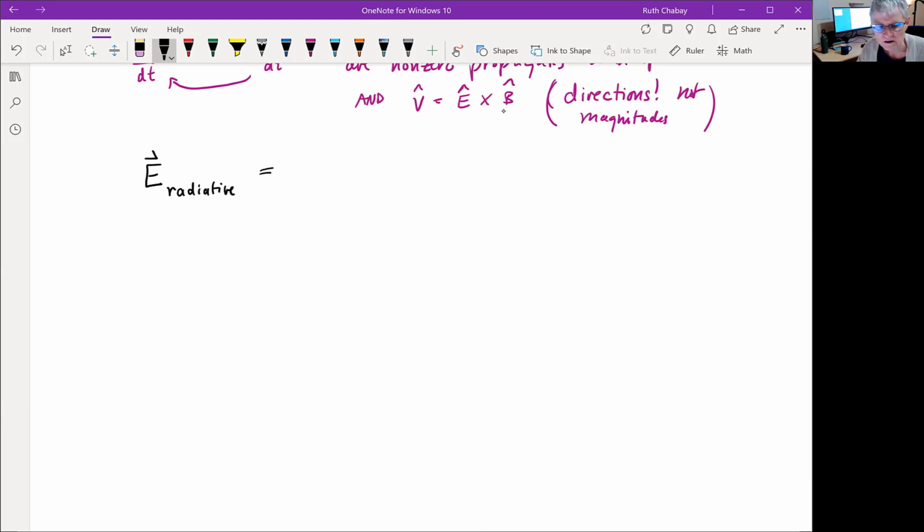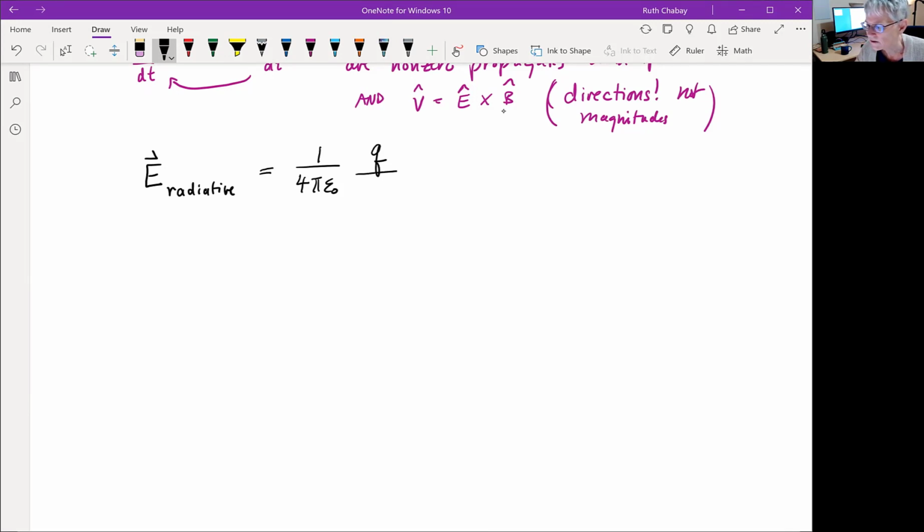And it looks like this. So we've got a proportionality constant, and you won't be surprised to know that's 1 over 4 pi epsilon 0. It's proportional to the charge, so we've got a Q here.